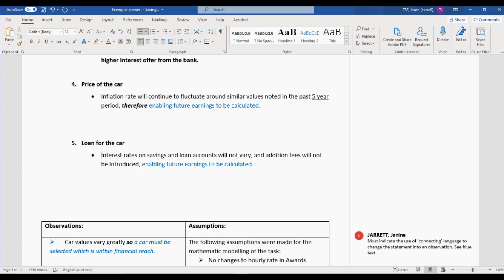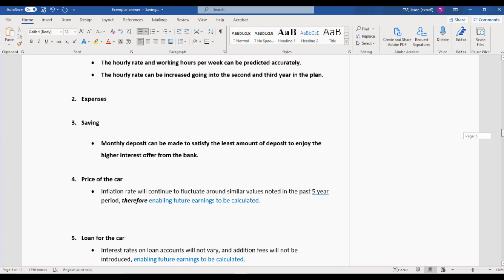And additional fees will not be introduced, all right, enabling future earnings to be calculated. Okay, right now we are only talking about the loan account, so you could say the interest rate on the loan account will not vary. Okay, so that means you use a fixed rate, right? Okay, so these are the assumptions you need to put in for your assignment.